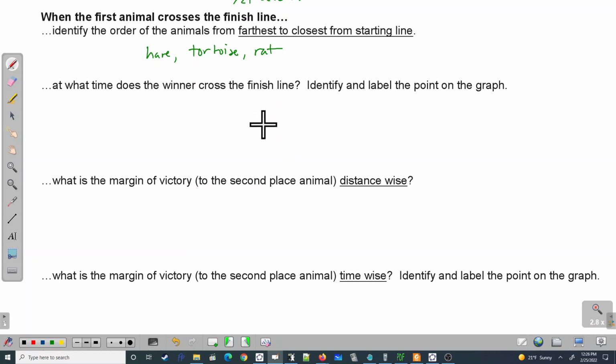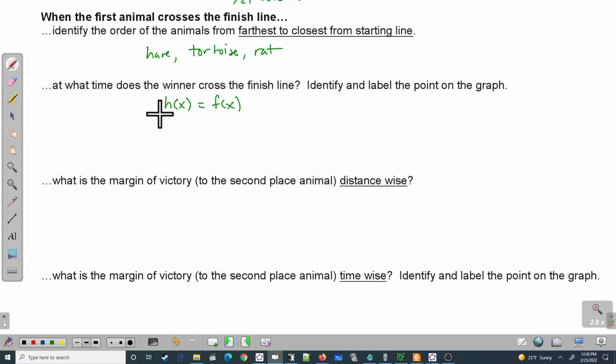Here we go. At what time does the winner, which is the hare, cross the finish line? Well, this could be set up exactly the same way as before. H of x equals f of x. Literally, when is the hare's feet position exactly at the finish line's feet position?